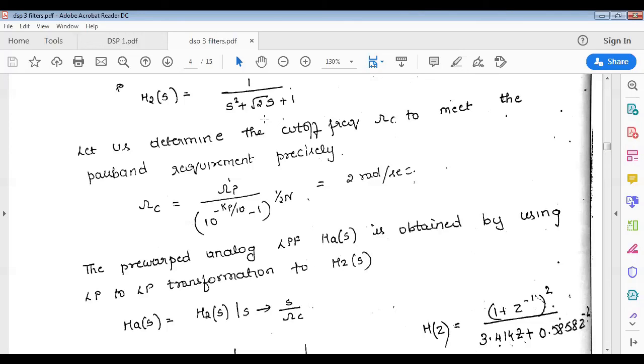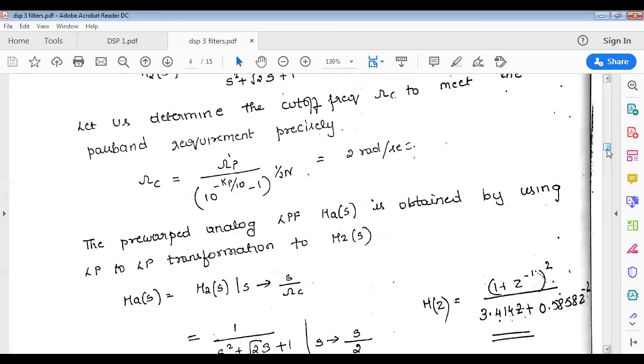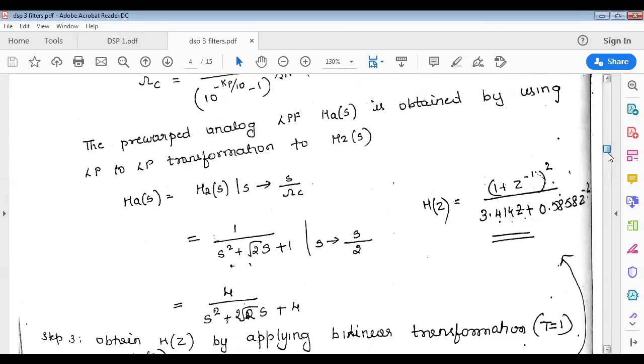Once we replace that, I get the analog filter transfer function HA of s equal to 4 divided by s square plus 2 root 2 s plus 4.